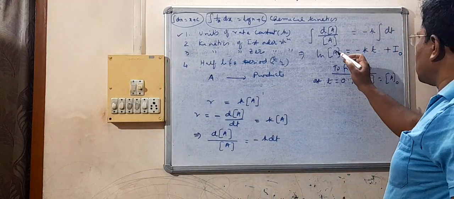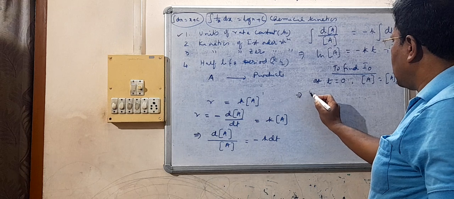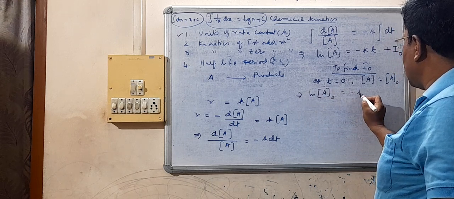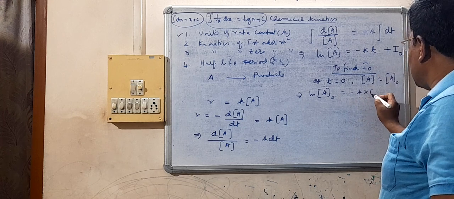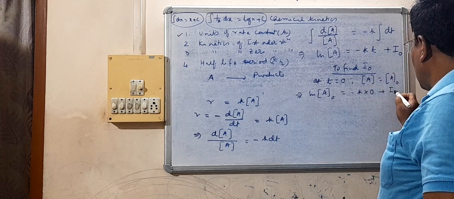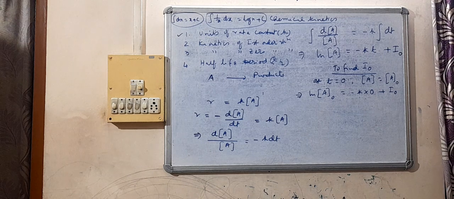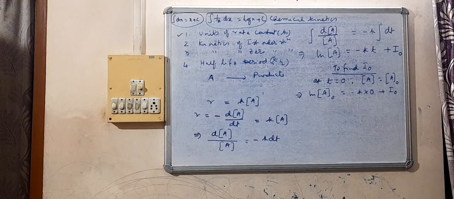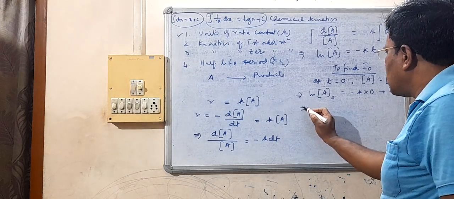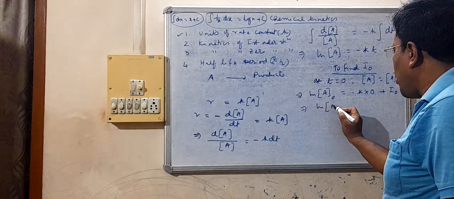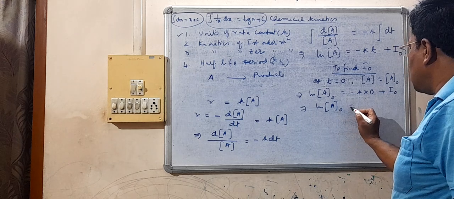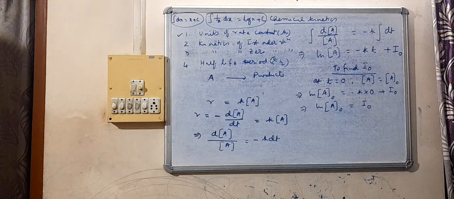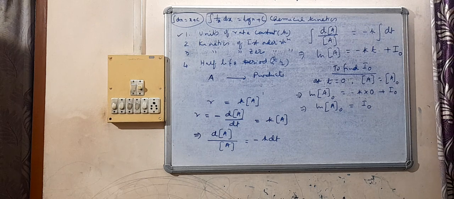So putting this condition here, we will get ln A naught is equal to minus k into t value 0 plus I naught. So what we get from here is ln A naught is equal to I naught. So this is the value of the integration constant.